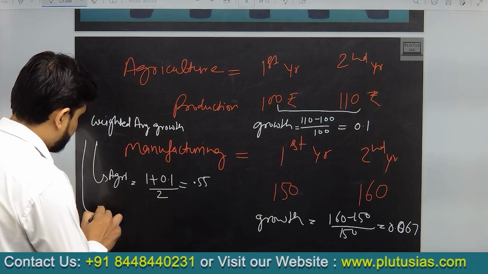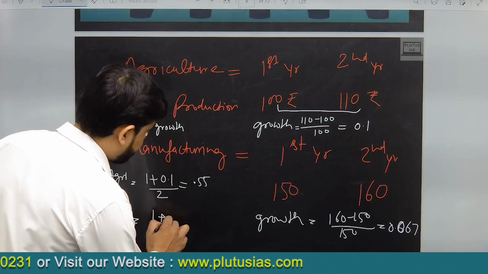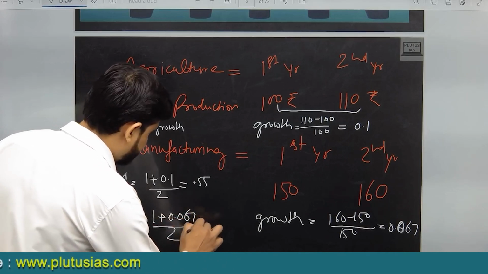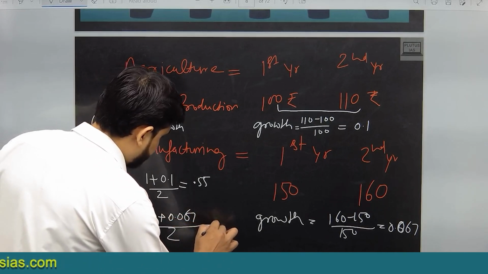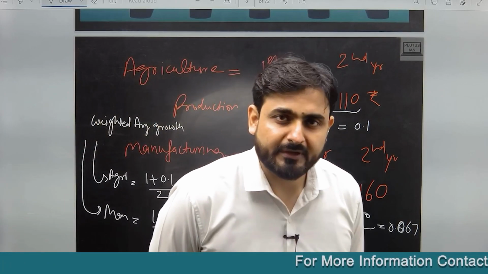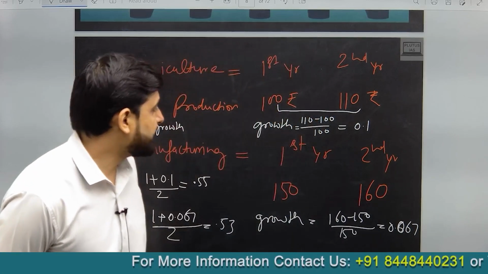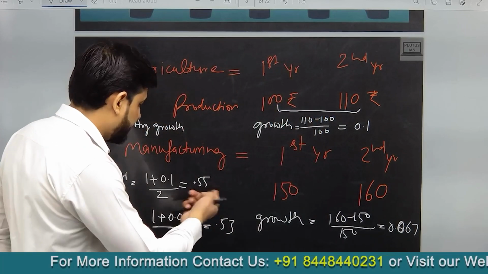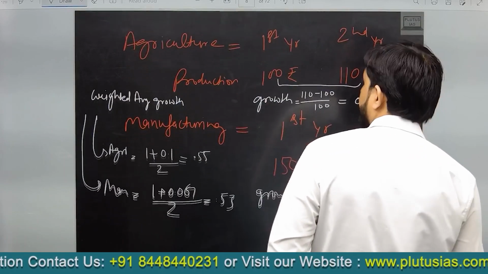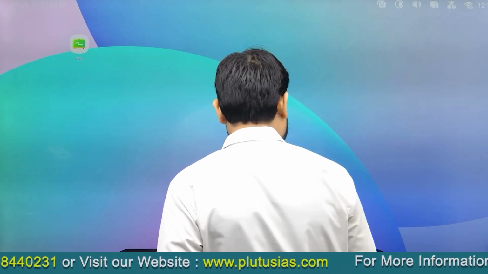Weighted average growth in manufacturing sector equal to 1 plus 0.067 divided by 2 equal to 0.53. Now you need to calculate the price of the first product's quantity with the weighted average growth.